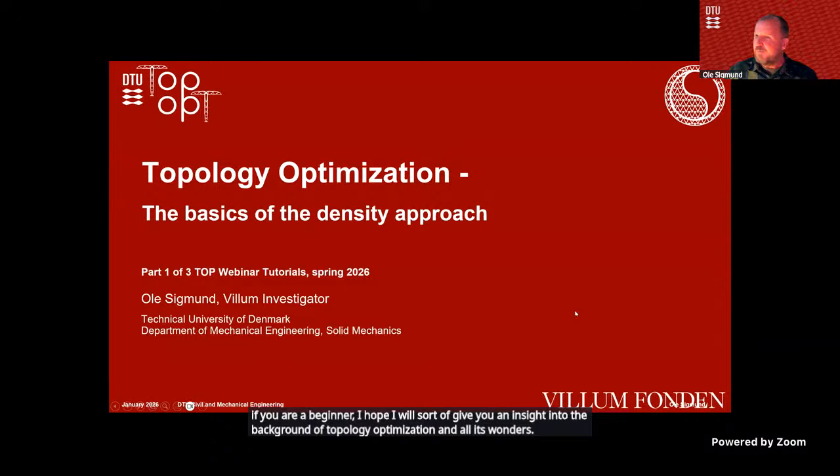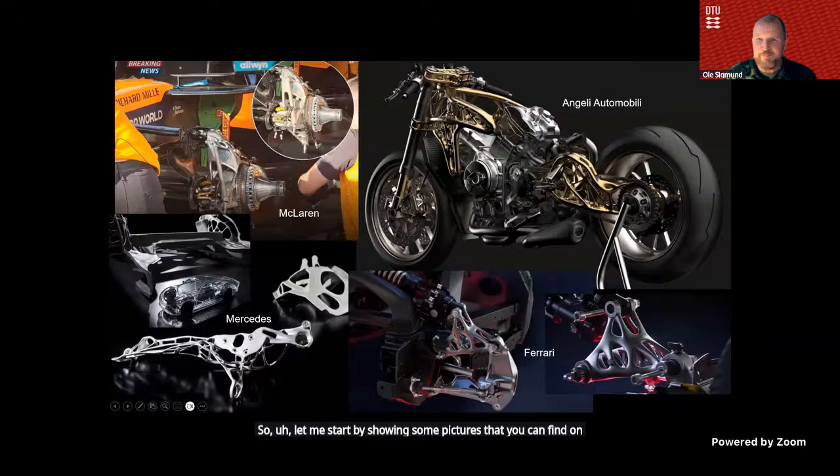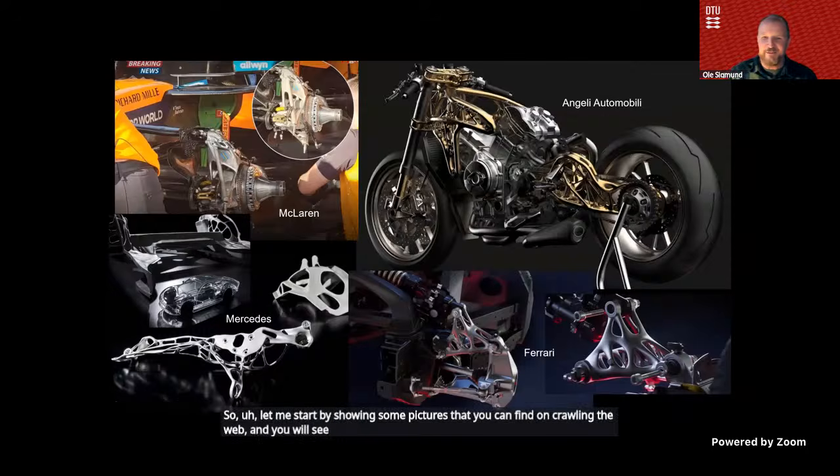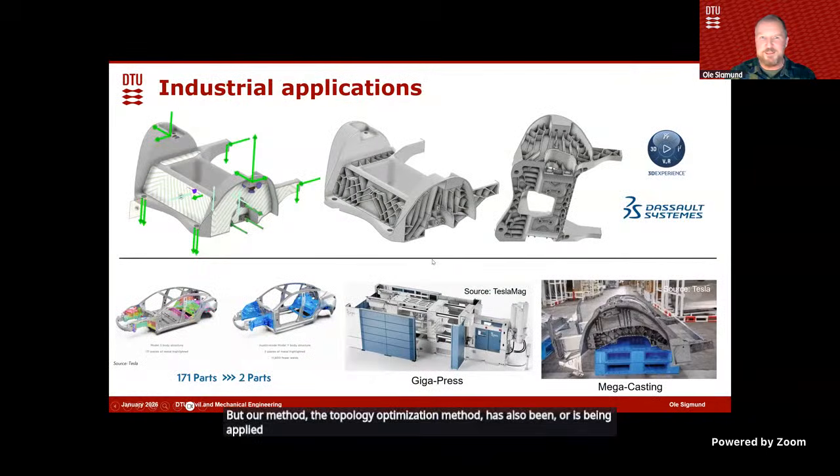So let me start by showing some pictures that you can find on crawling the web, and you will see these fantastic looking structures that are used both in Formula One but in other high-end products with the aim of saving weight and making fancy designs. But our method, the topology optimization method, has also been or is being applied to more everyday cars and consumer products.